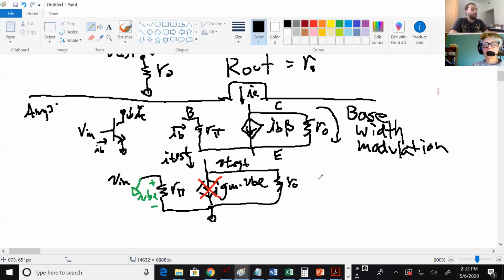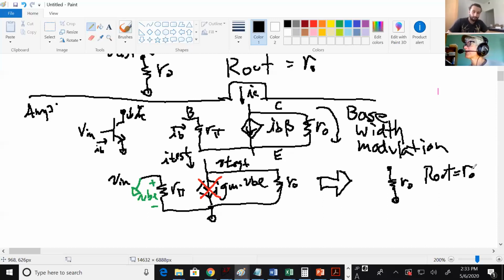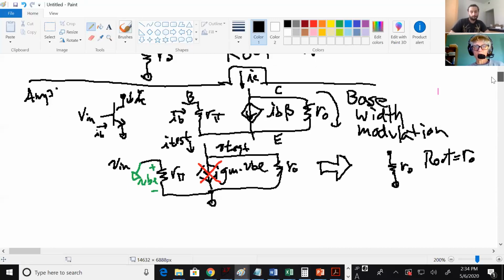And what you end up with is, there's your output, and so your R out just equals RO. Okay, then one more step. I'm trying to give you 20 minutes for this next thing, so we can actually work through it at the end.